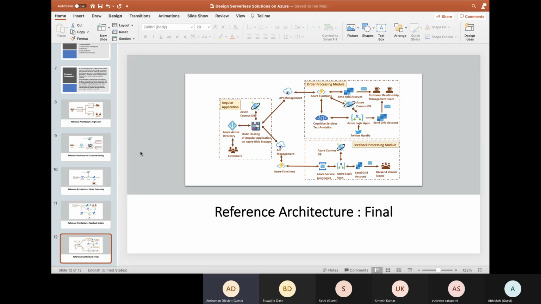But in normal Azure Functions, we can go for two Azure Functions and one queue mechanism for the communication. So when to use what? Those have pros and cons.